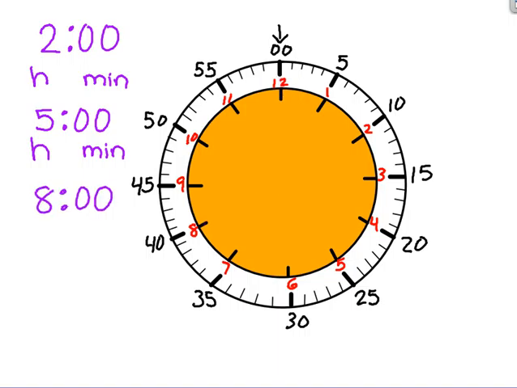Now let's think about what's going to happen in order for us to go from an o'clock to a 30. Our minute hand is going to start at the 0 0. Every minute it's going to move. So every 5 minutes it's moved to a new position.